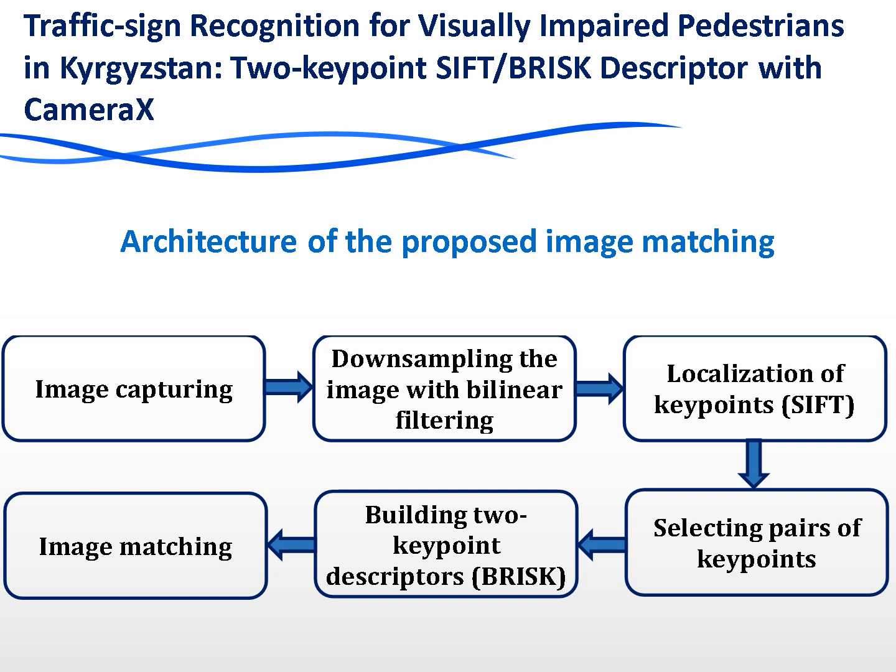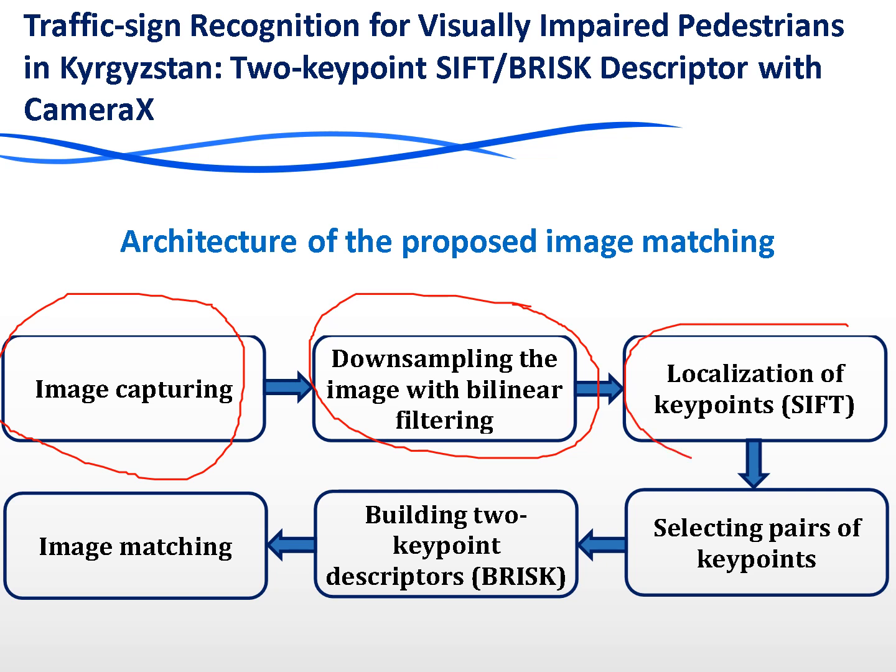This slide represents the architecture of the proposed image matching. So it is very close to the previous one. So we are talking about third stage, where we implement actually the image matching algorithm. So we start with image capturing, then we downsample the image with bilinear filtering, and also we convert color image to the grayscale one.